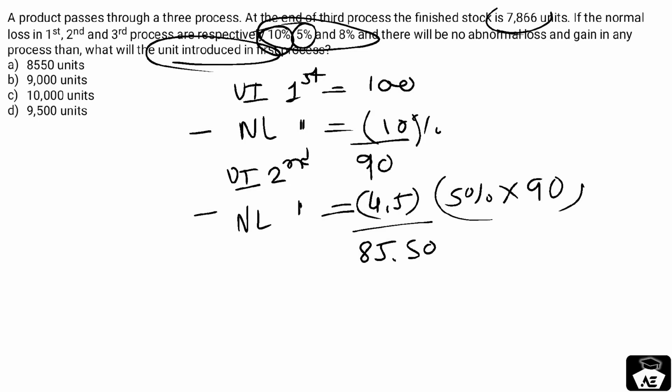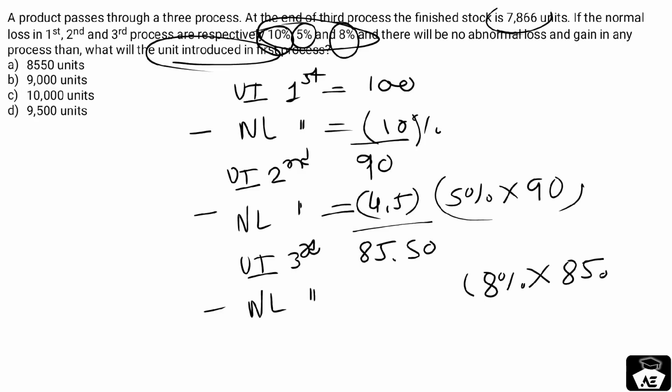And again this output of second unit is unit introduced for third process. So again less normal loss of third process, that is 8%. So 8% of 85.50, so it will be 6.84.